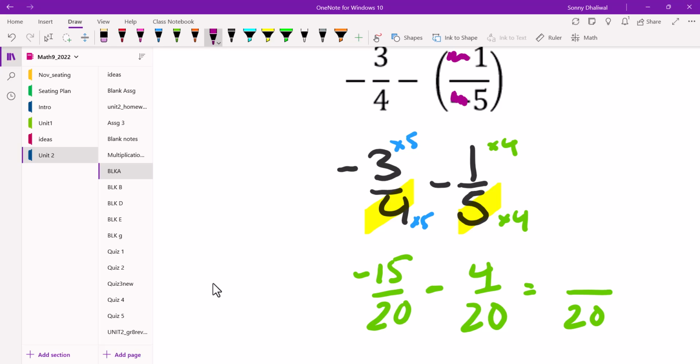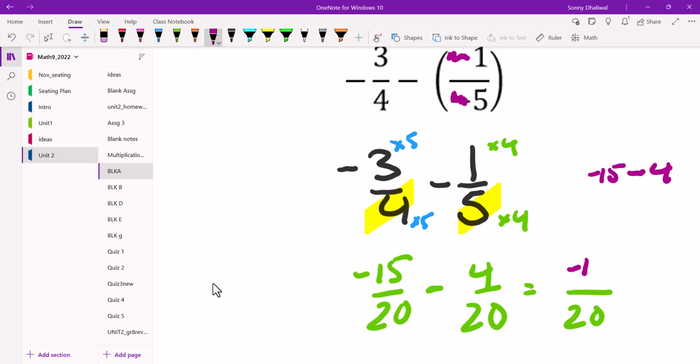This is optional. The top is negative 15 minus 4, just reading across. That's the math we need to do. Some of you can look at this and see that. Other people will struggle to see the connection between the two. If you're struggling, just write it off. Just hide the bottom and say, this is what I have. So negative 15 minus 4, what number do we get? Negative 19.